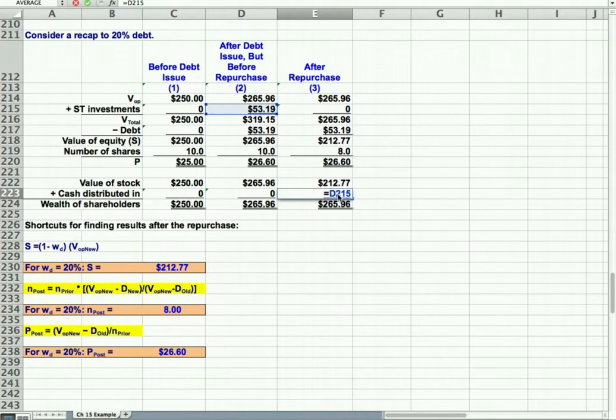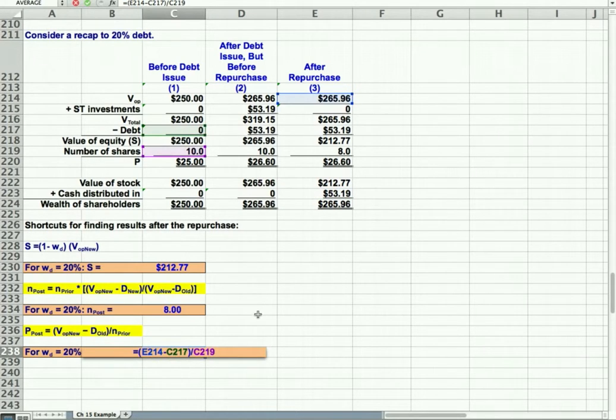So that's the price after. E214 is the value of operations new minus C217 right here, divided by C219, the old number of shares.